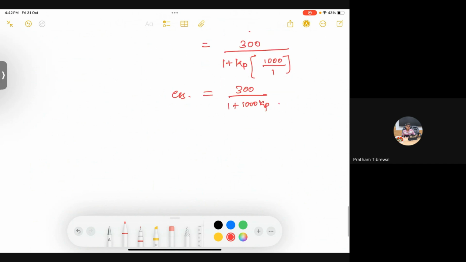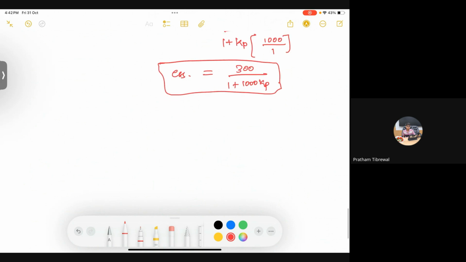So based on the Kp value, the steady state error will change. Considering Kp to be very low, for example Kp equal to 0.03, since there is a 300 above, it will be easy to cancel. So 1 plus 1000 Kp will give me 31, right?